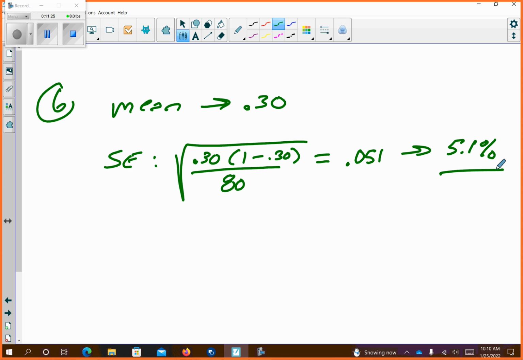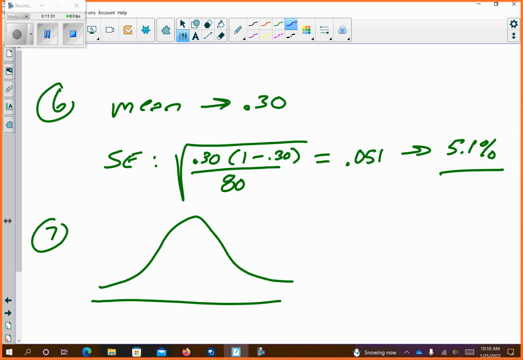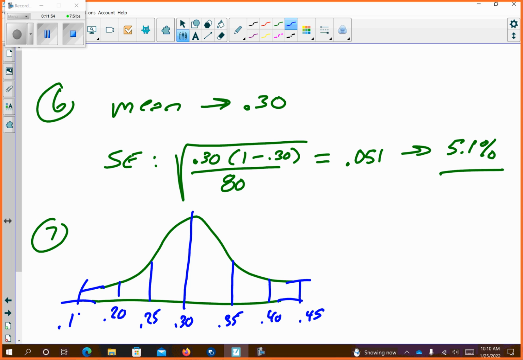And then for number 7, if we do the normal distribution based on our new information, we know that we have our mean, which is going to be 0.30. And then if I add, I'm just going to add 0.05, which is totally fine, and subtract 0.05, so 0.20 and 0.15.